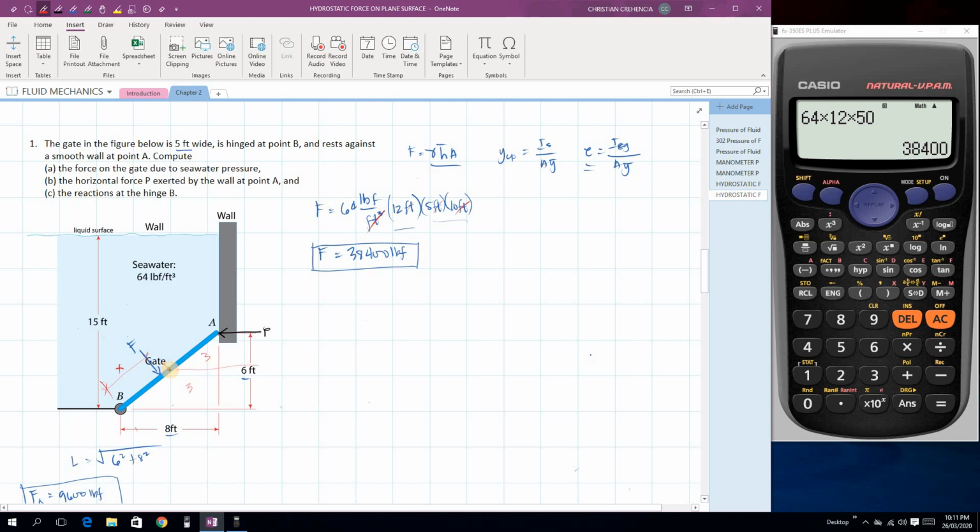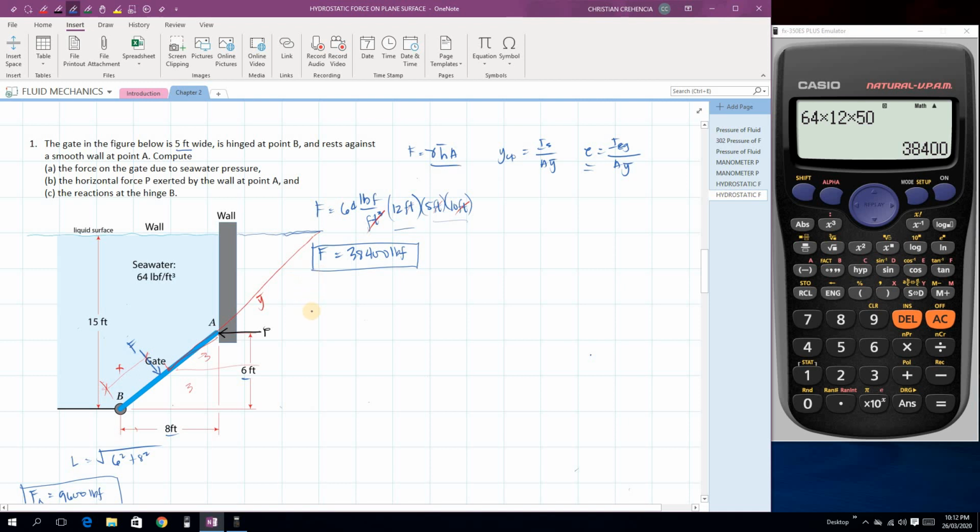So, from center of gravity, papunta dun sa may liquid surface. Okay. So, of course, imaginary na lang yung liquid surface natin dito. So, although wala naman yan. Okay. So, yun yung ating Y bar, Y bar or YCG.